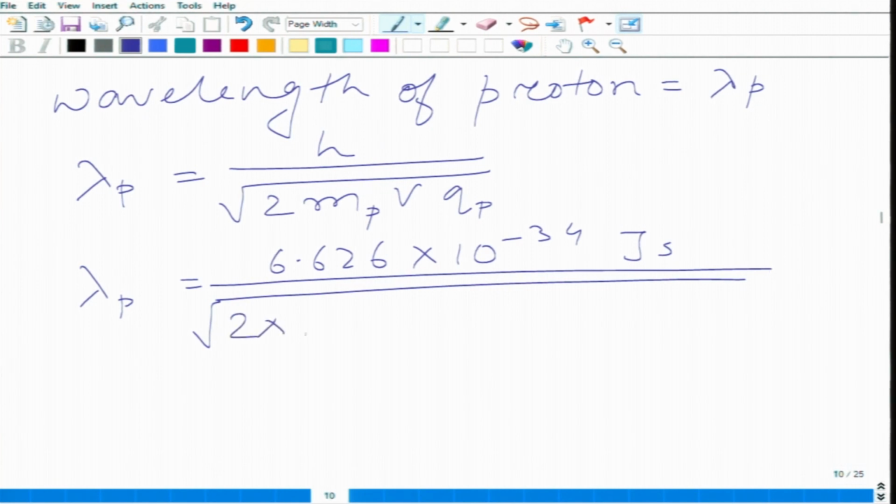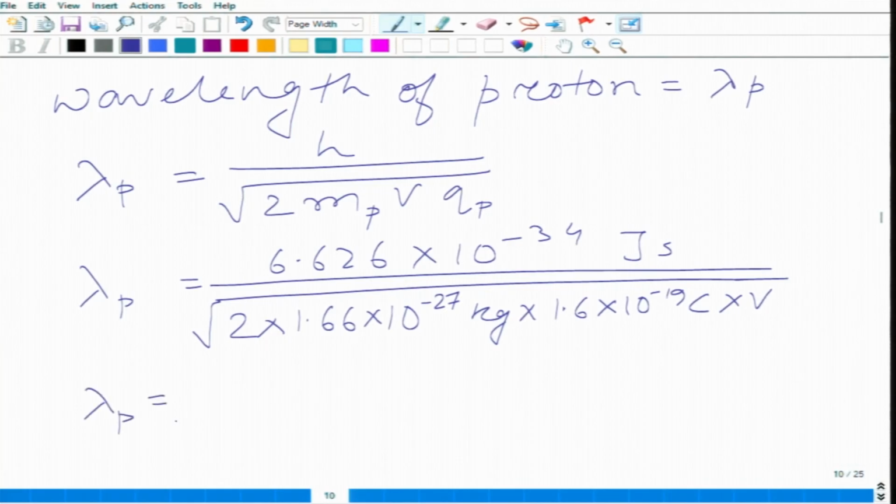The mass of proton is 1.66 into 10 to the power minus 27 kg, into charge of one proton, 1.6 into 10 to the power minus 19 coulomb, into V. So, by calculating we get lambda p is approximately 0.286 into 10 to the power minus 10 by root V meters.